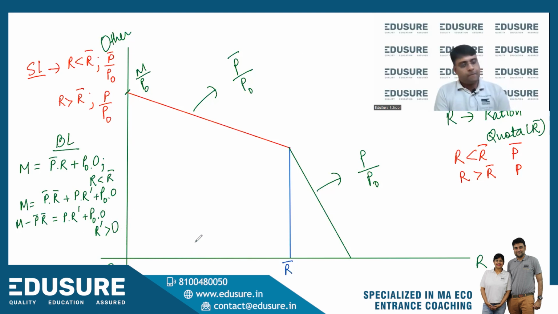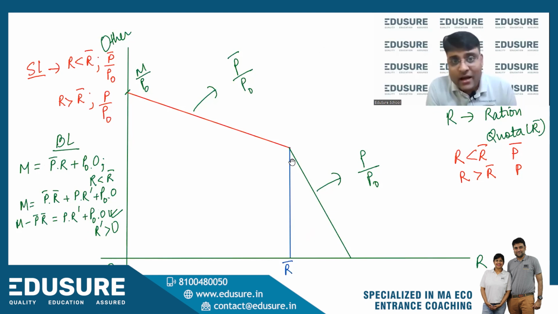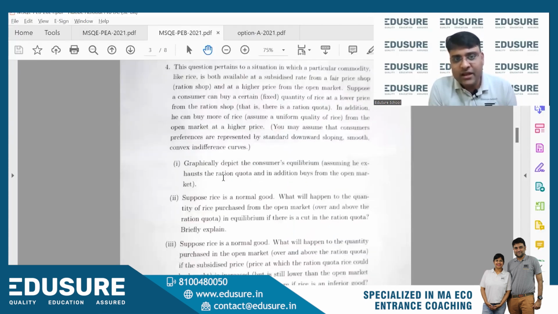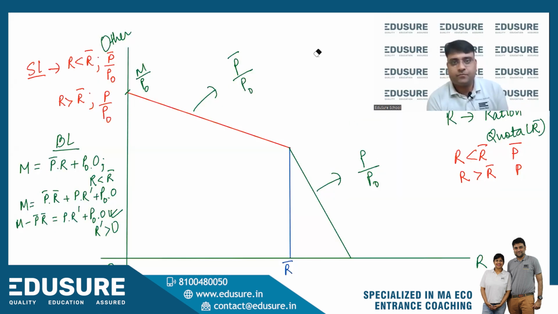Okay, this is what will happen beyond R bar. This is my budget line till R bar. Am I making any sense? If I am, then please raise your hand. So graphically depict the consumer's equilibrium. This is only drawing the budget line. Now the consumer is consuming a quantity that is in addition to the ration quota. So he exhausts the ration quota and in addition buys from the open market. So the consumer's equilibrium will be at a point which looks like this.